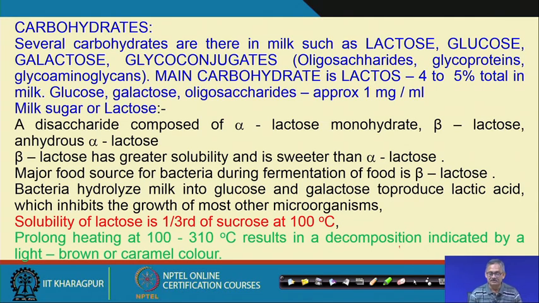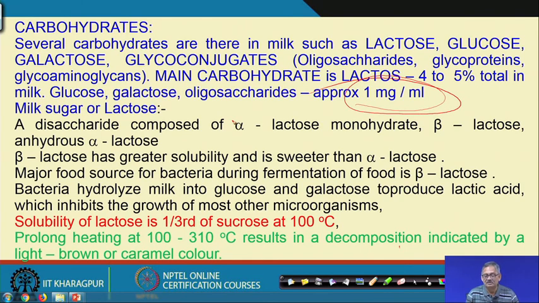glucose, galactose and oligosaccharides are approximately around 1 milligram per milliliter, right. 1 milligram per milliliter is 1000 milligrams per liter, and 1000 milliliter is 1 liter.